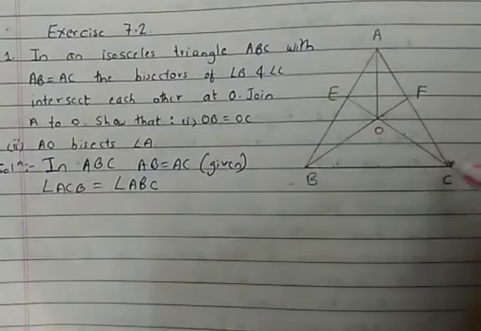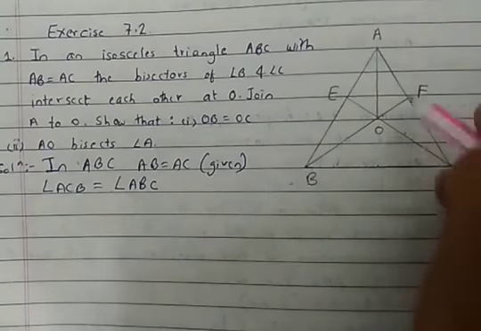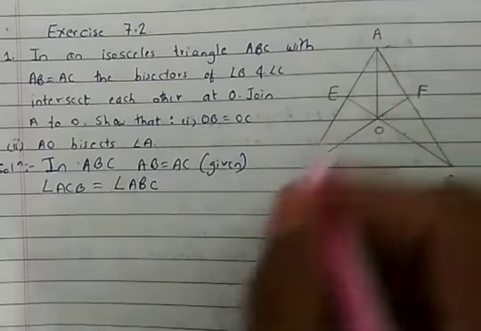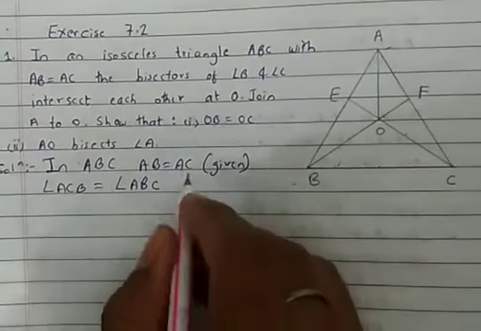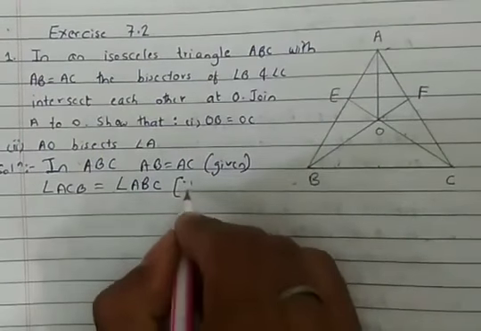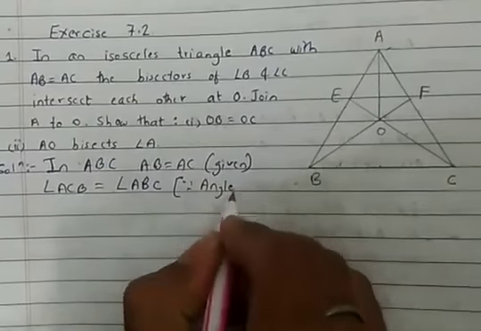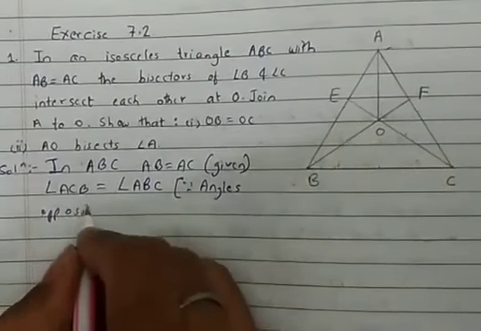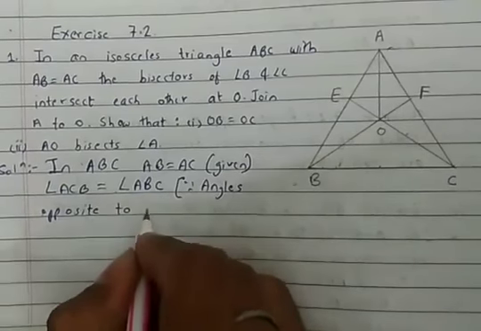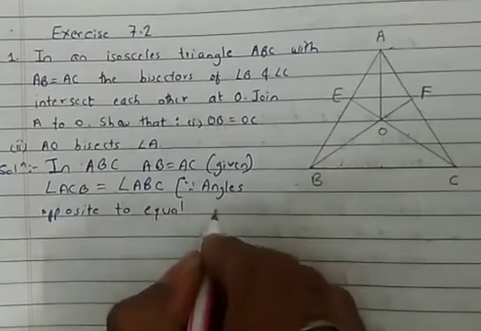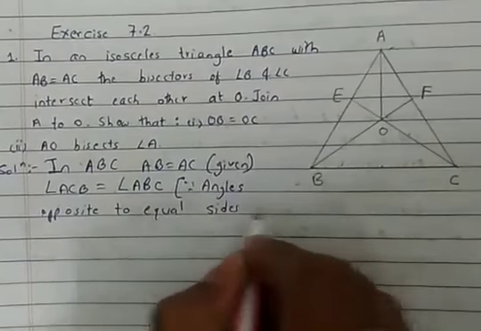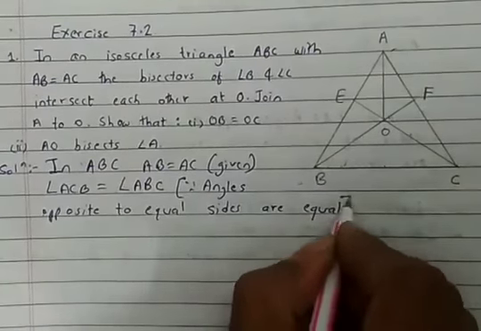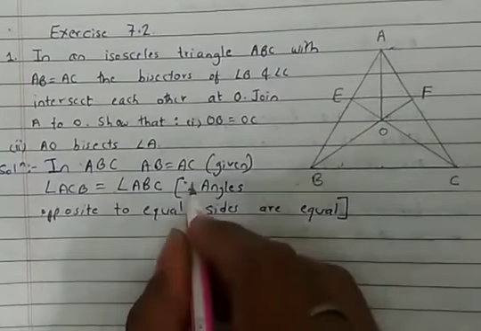These two angles can be same. How? Angles opposite to equal sides are equal. We have just proved. So we will write it down, because angles opposite to equal sides are equal, right?